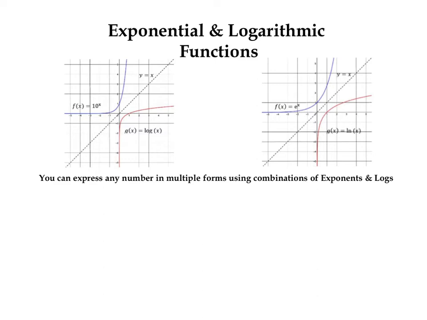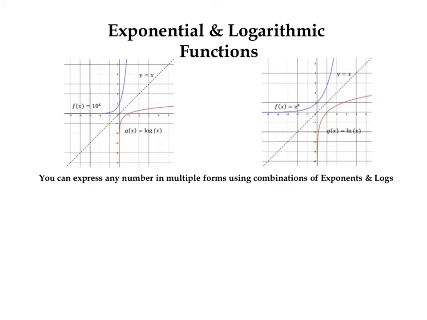Now, these are the two most basic types of logs or exponentials that we deal with: 10 to the x, where 10 is the base, and e to the x, where e is the base. The log is this one. So whenever we have the inverse of 10 to the x, the log is going to be base 10.